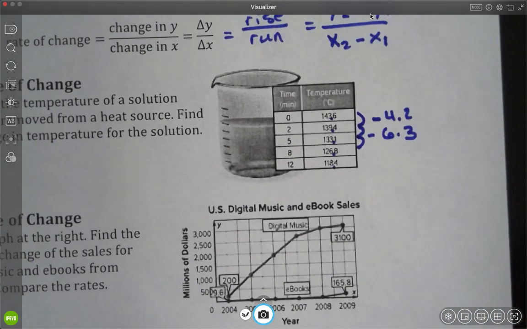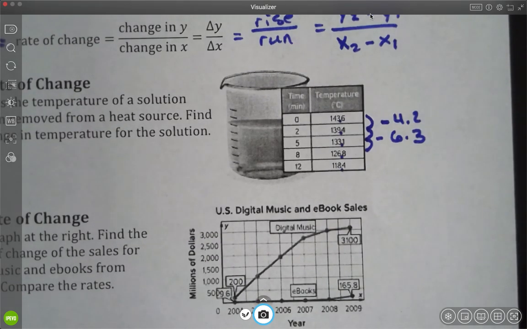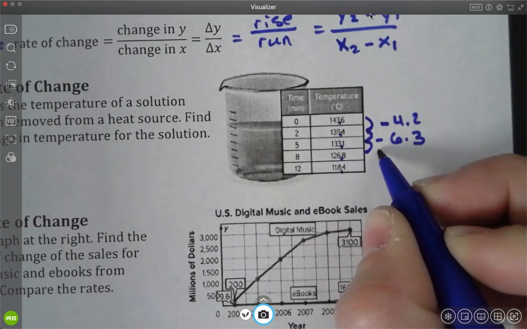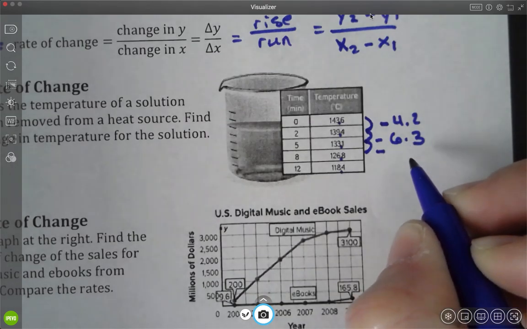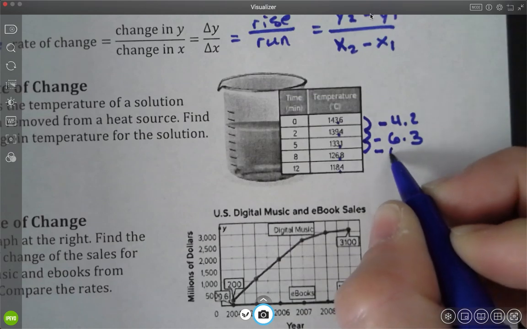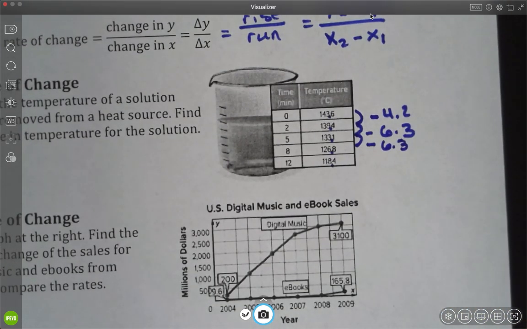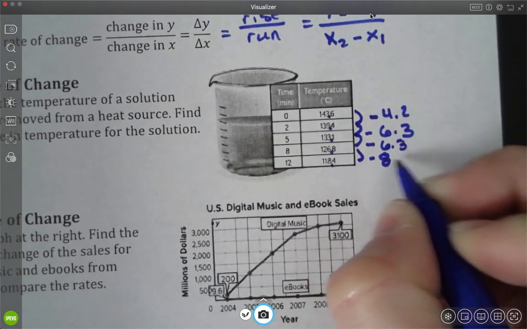Negative 6.3. Right? Yes. Now, do the last one. 126.8 and 118.4. What's that? 8.4. Is it going down the same amount every time?